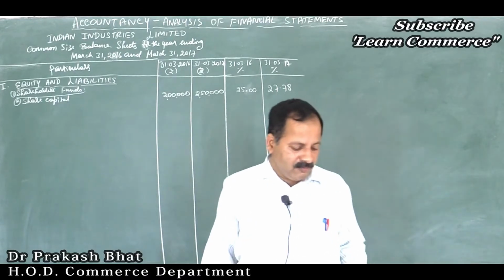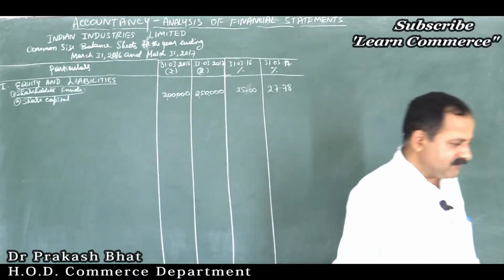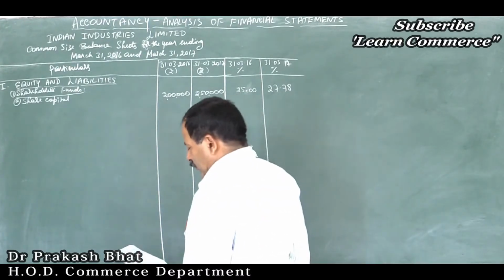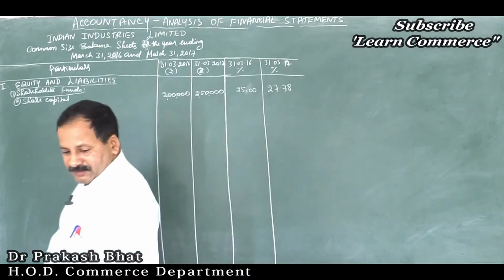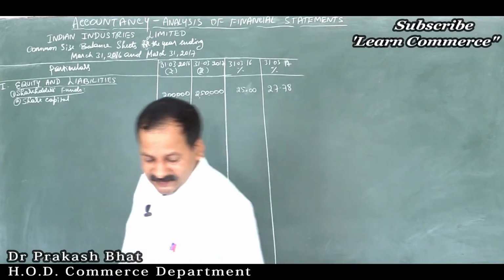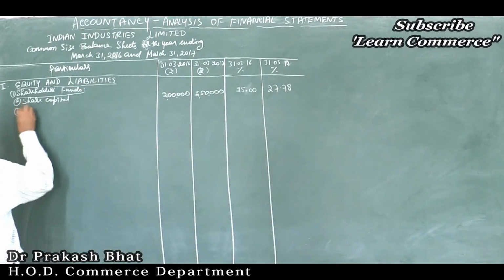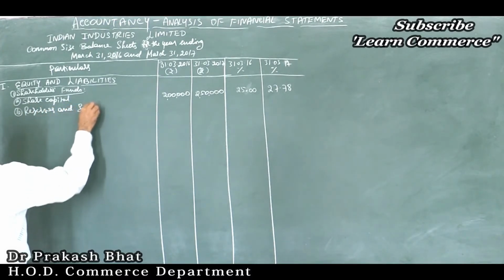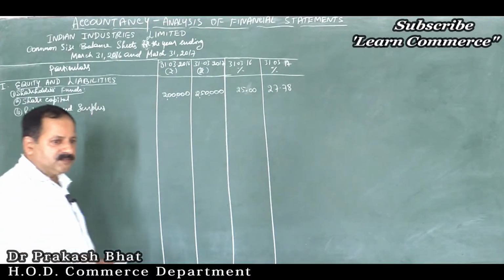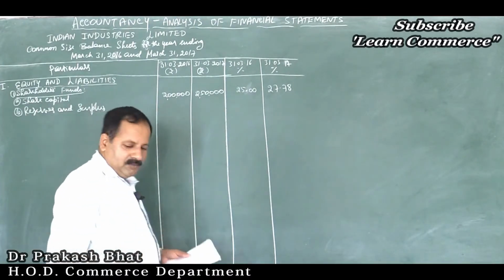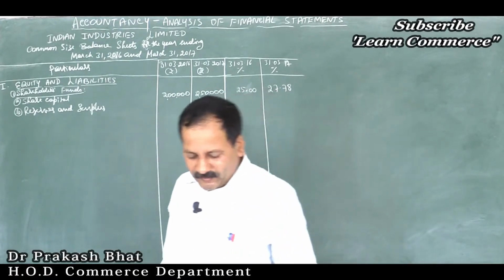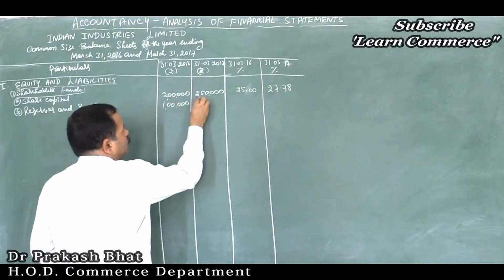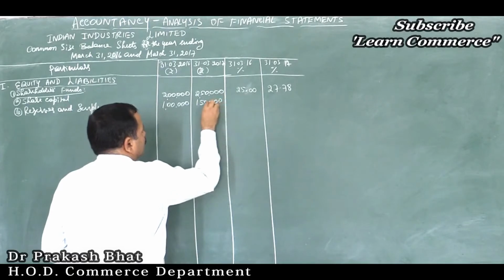Then reserves and surplus, point B, under shareholders funds: 1 lakh and 1,50,000.